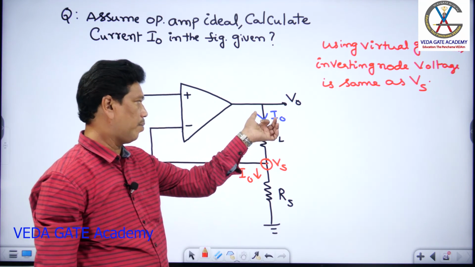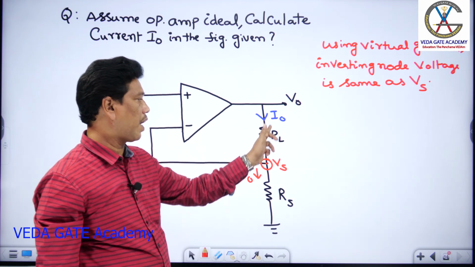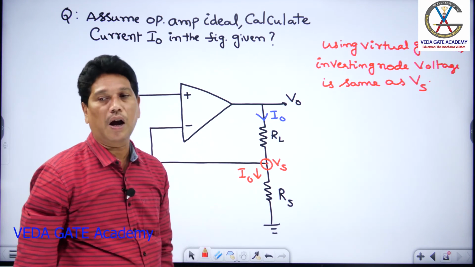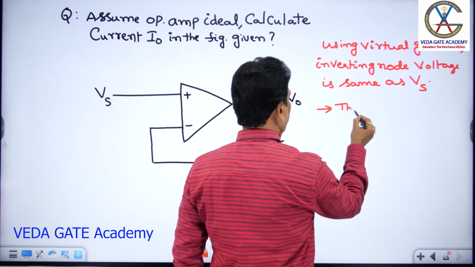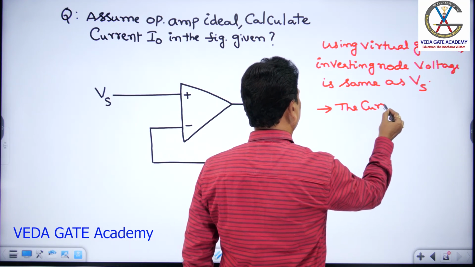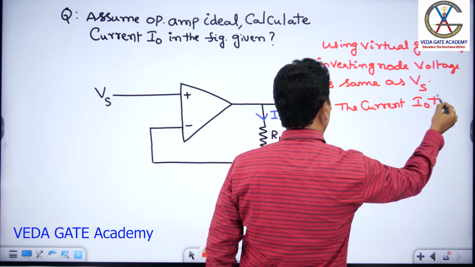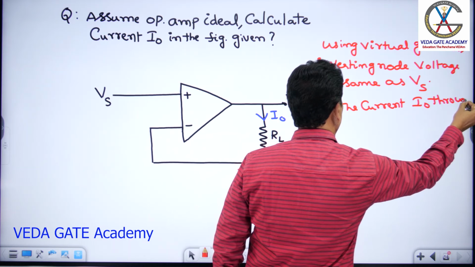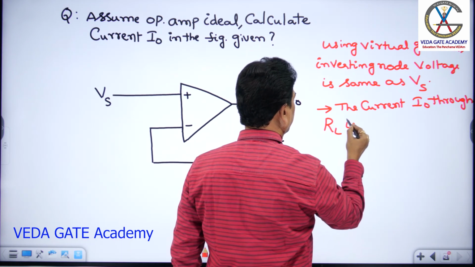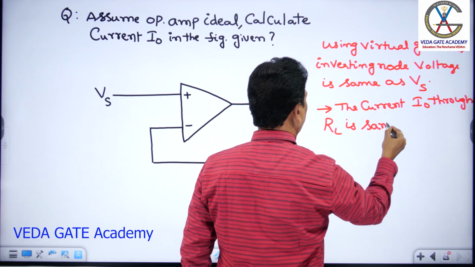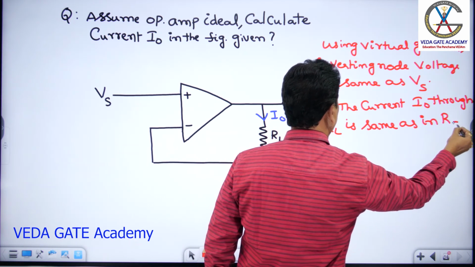Because the op-amp does not allow any current between input terminals, the current I0 through the load RL should be the same in RS.